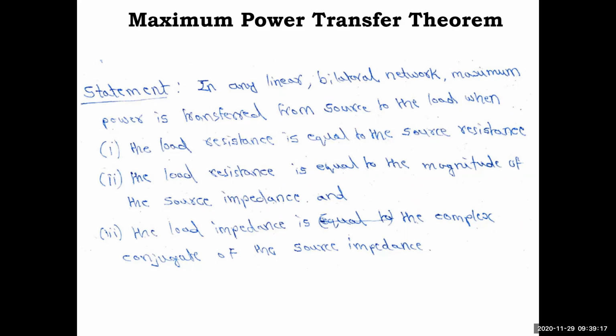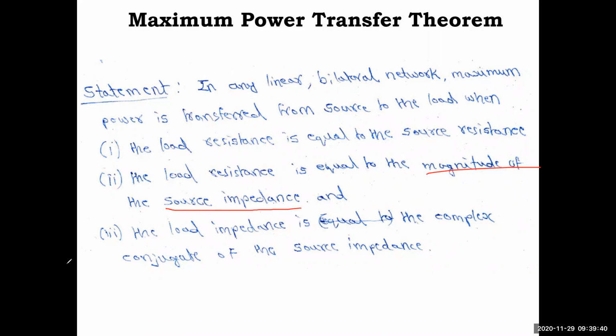That gives the maximum power. The second instance: when the load resistance is equal to the magnitude of the source impedance. At the circuit A side you have an impedance, with j terms and all. In that case it is called impedance, so it is not straight away equal to RL, but should be equal to the magnitude. That part we'll see.